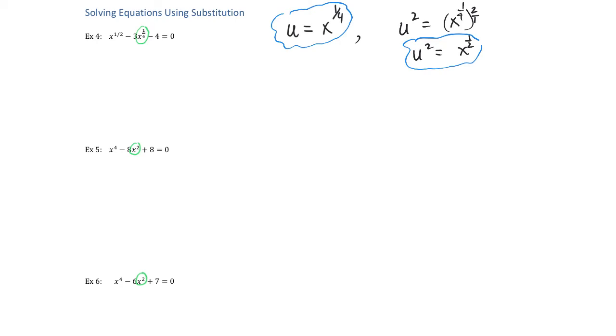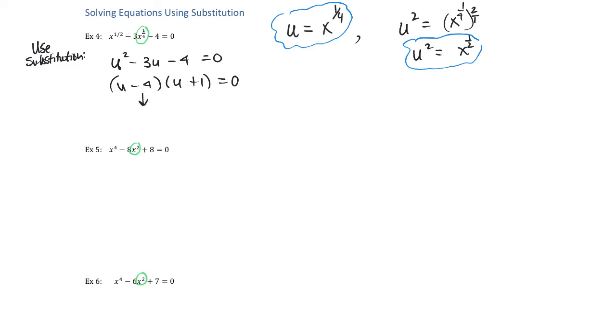Okay, so using substitution, I get, let's see, x to the 1/2, so that would be u squared minus 3u minus 4 equals 0. Now let's just see, maybe I could factor. I think I can. This is nice. So u plus 1, u minus 4 equals 0.